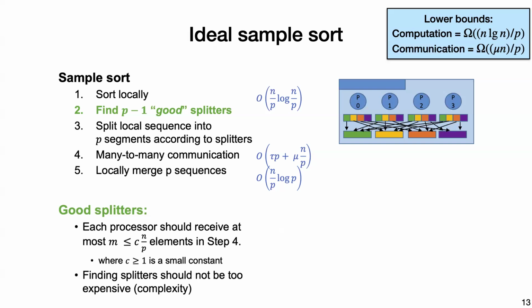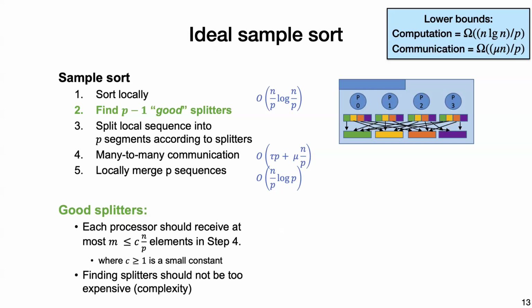Also, finding these good splitters should not be too expensive relative to the total cost of the algorithm, because if we spent more time finding the splitters, then we would be blowing away the computation lower bound anyway. The high-level goal is to bring the communication time similar to this lower bound. This is hopeful because the only communication step so far is the many-to-many exchange.